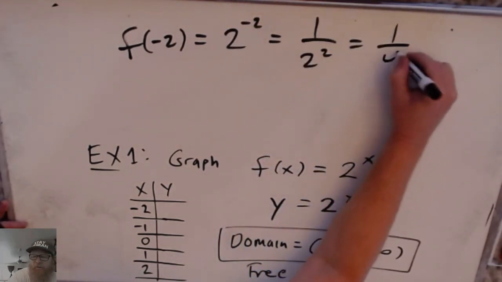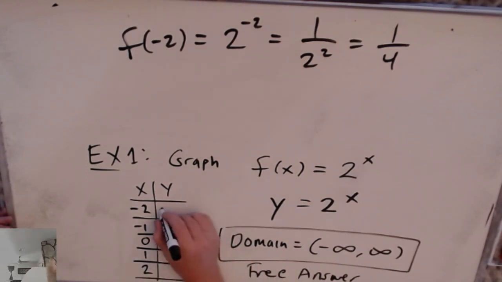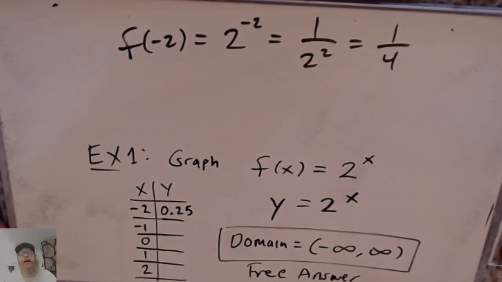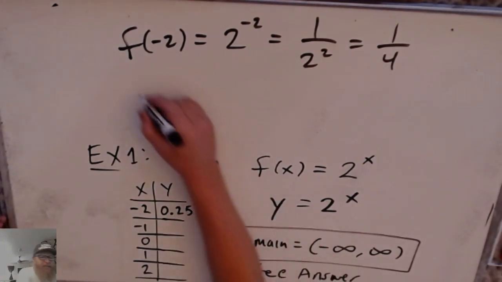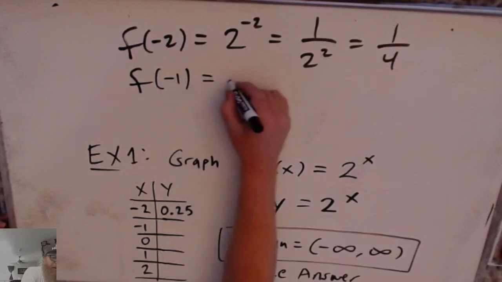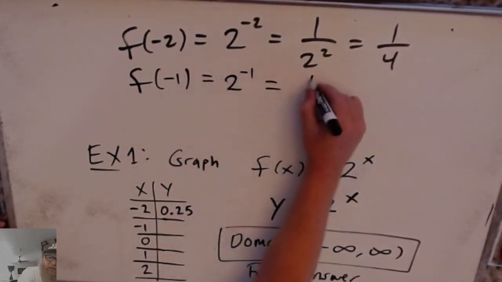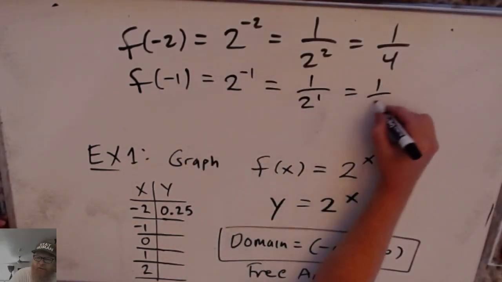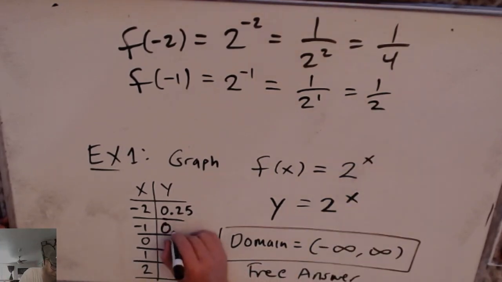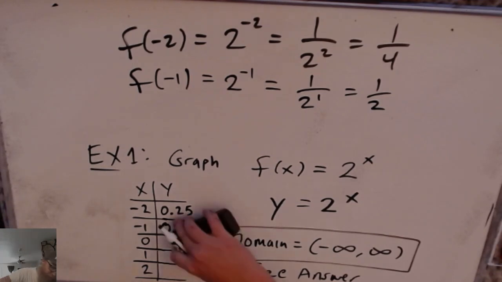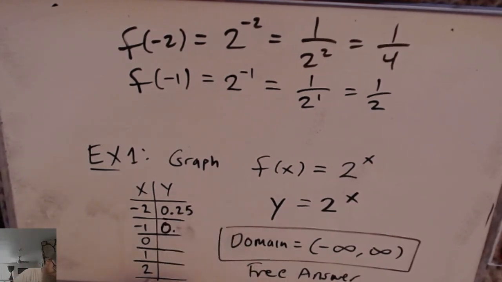Remember this? That's 1/4. Or if you prefer decimal, a quarter, 0.25. I think it's easier to fit it in my box when I use decimals. F of -1 is 2 to the -1, which is 1/2, also known as 0.5.